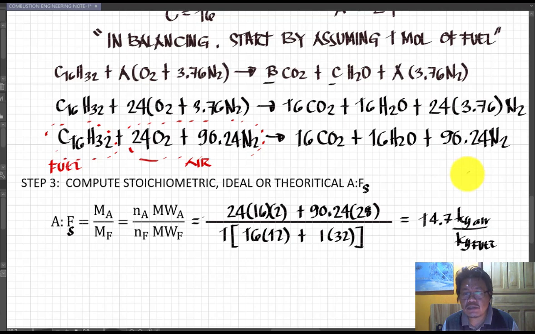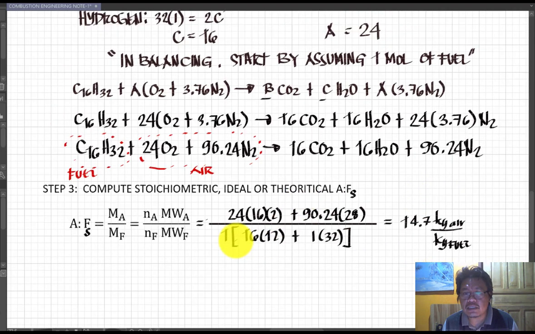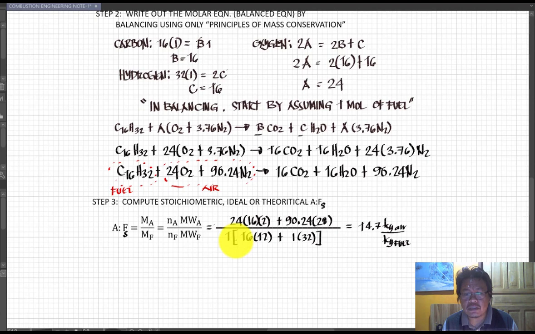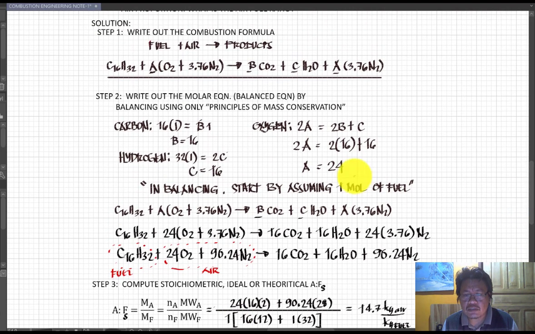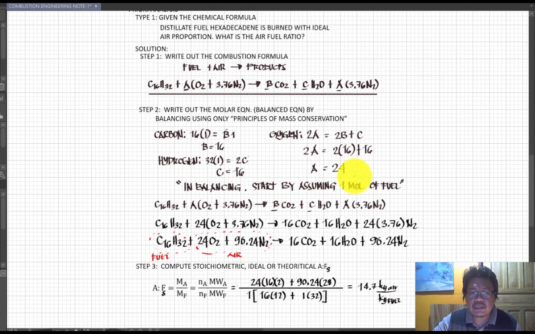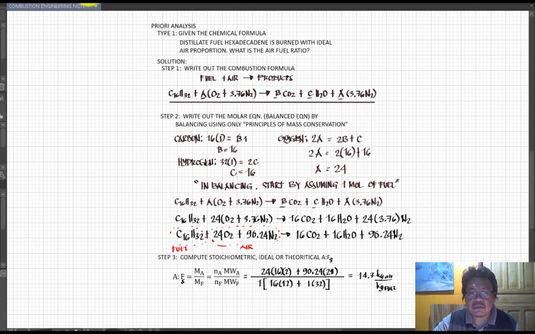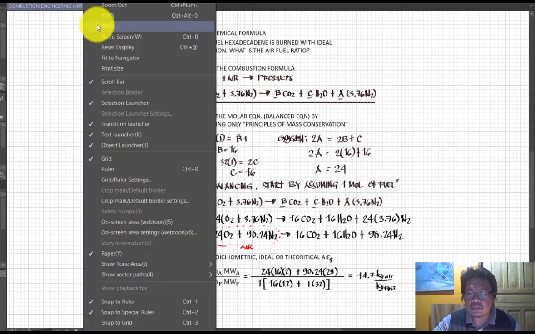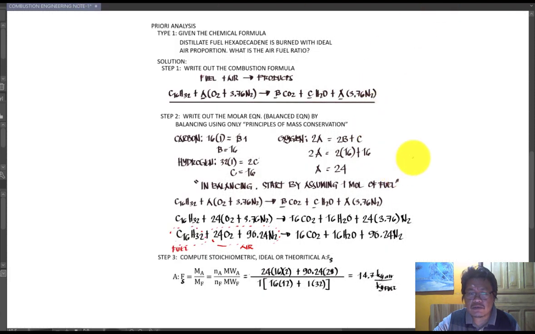So, okay, let's have a recap nung stoichiometric. Let's have an overview of our solutions. So first, for theory analysis, start with the combustion formula. So we have the fuel plus your air, then you have your products.